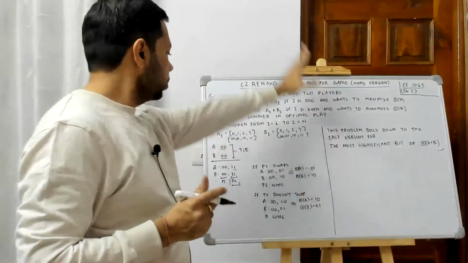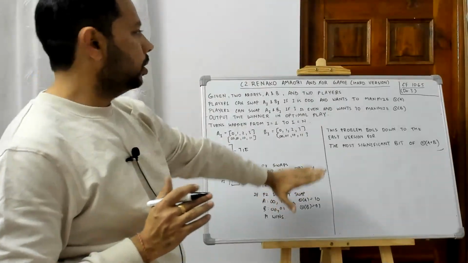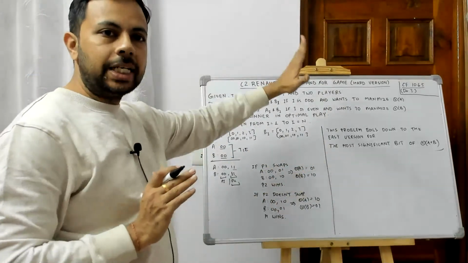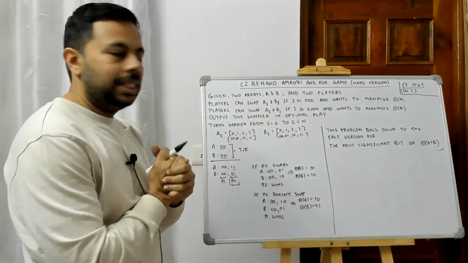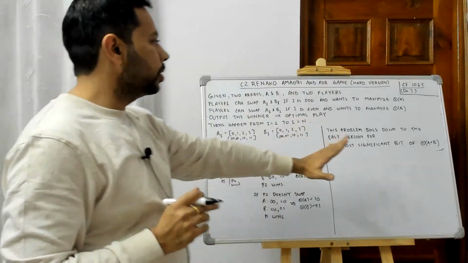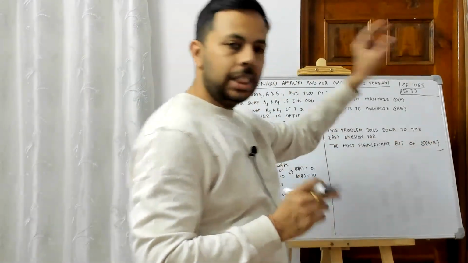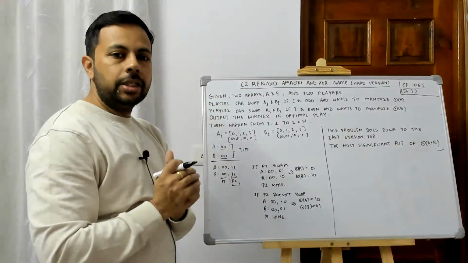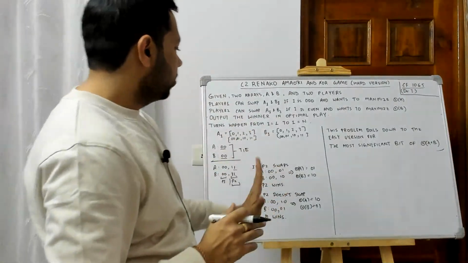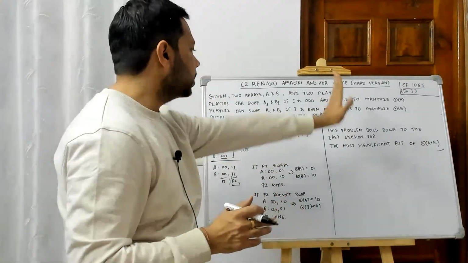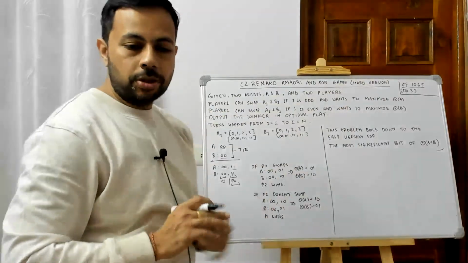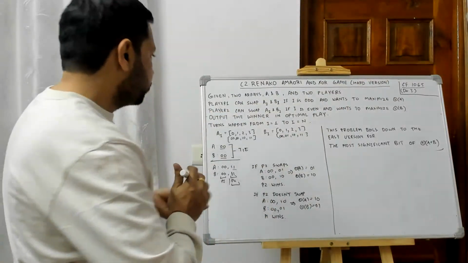So that's the overall code. It remains exactly similar to the easy version. All you have to do is find out the most significant bit of XOR of AB. That is the deciding bit. And for that deciding bit, find out the last person who has a difference, and that person wins.